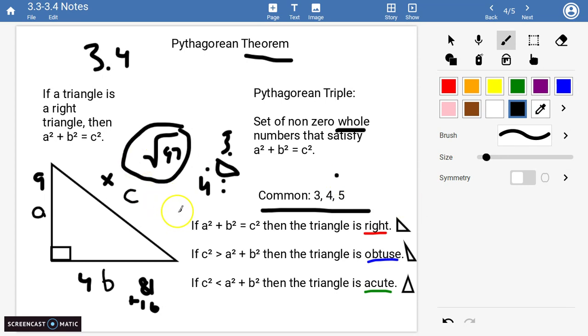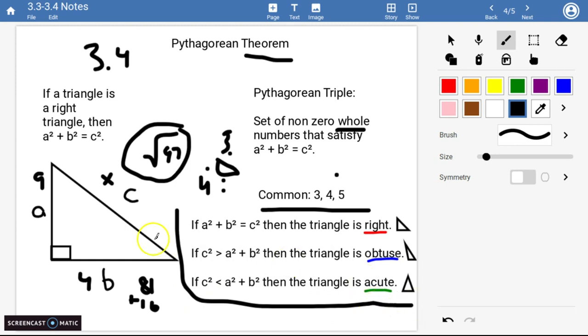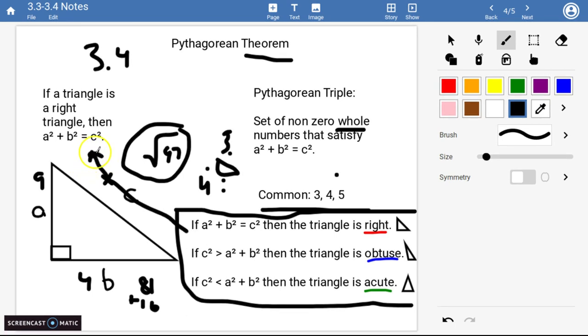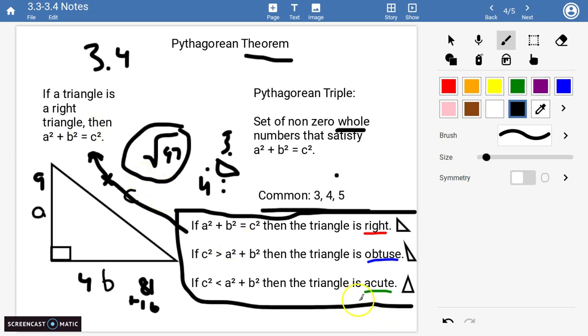And then we have this last part right here, some rules to know. If a squared plus b squared equals c squared, then it's right. All that really is just the converse of the Pythagorean theorem. It's really just the Pythagorean theorem converse. I mean, it's just saying the thing backwards of what that is.